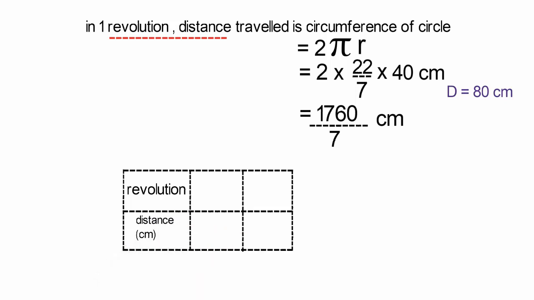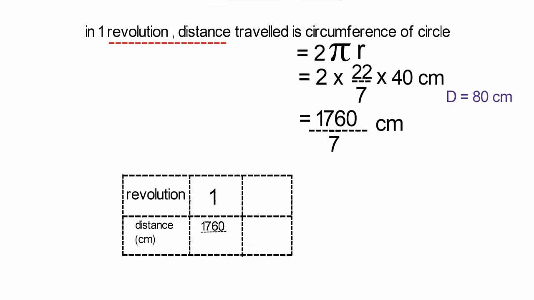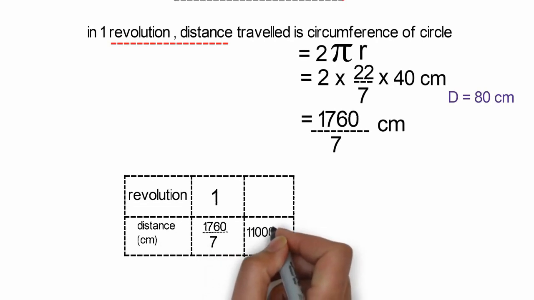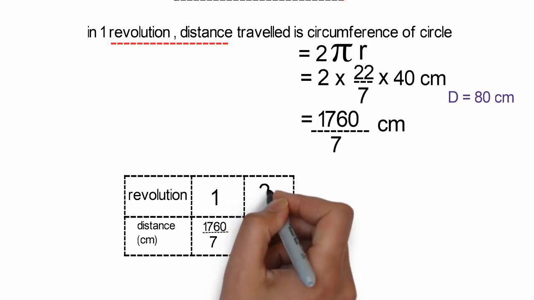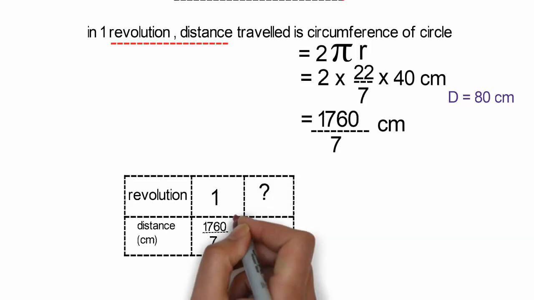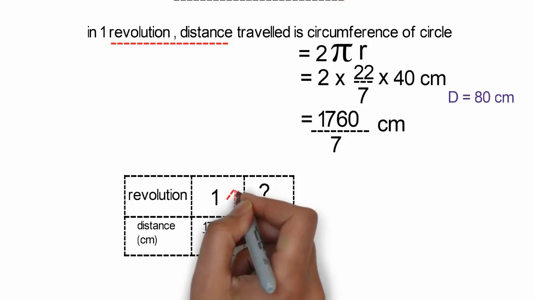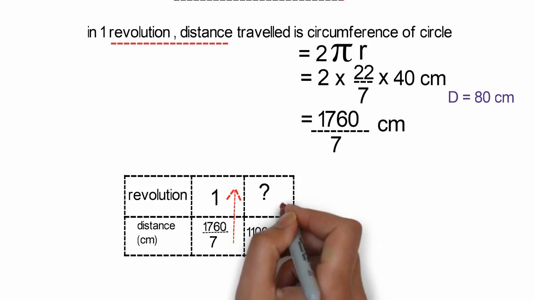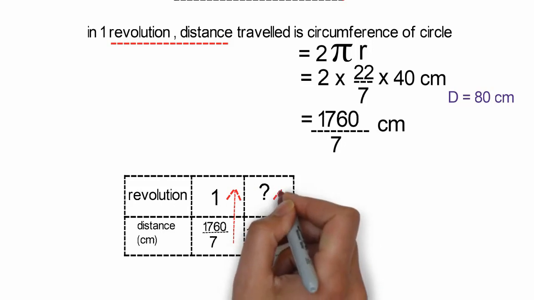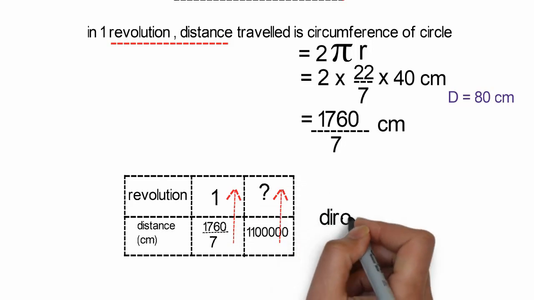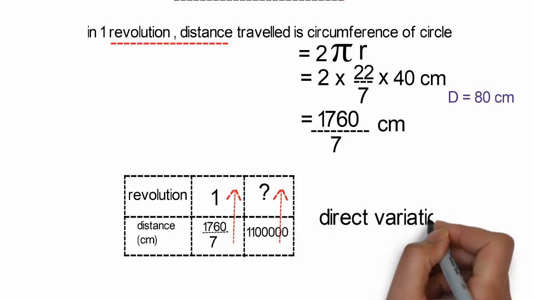Now when the revolution is 1, the distance traveled is 1760 divided by 7. This we have just calculated. Now when the distance is 11 lakh, this is the distance for 10 minutes, what is the revolution? This we have to find. Again here we are observing direct variation, because if distance is less, revolution will be less. If distance is more, revolution will also be more. So more and more, less and less. Direct variation is there. So again, the position of the arrow in both of them will be the same.